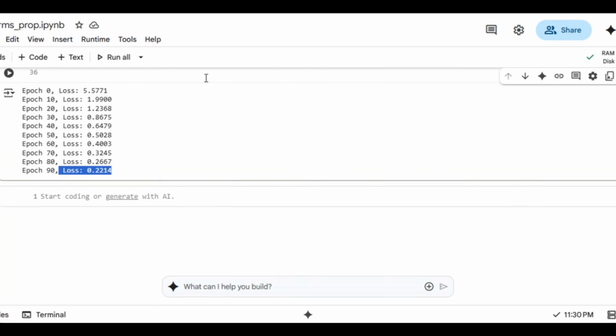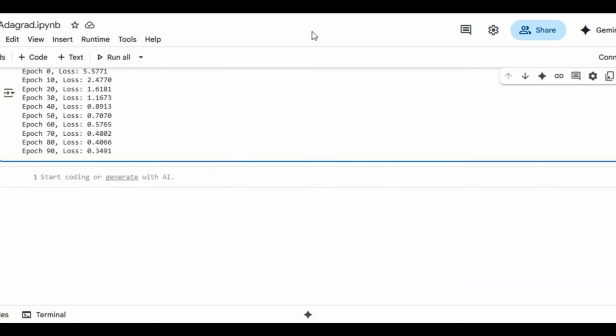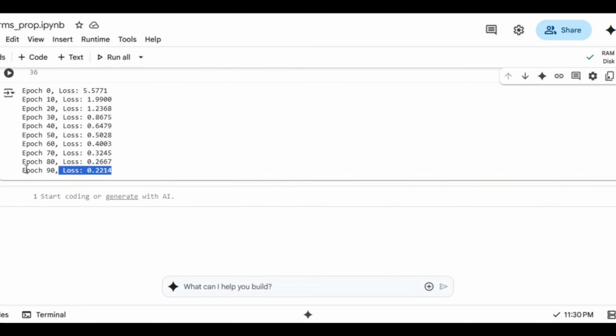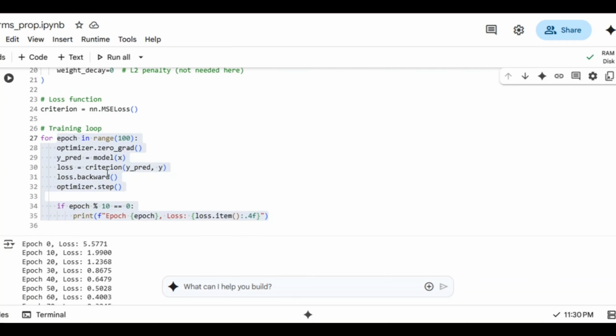Now the RMSProp optimizer has performed better than the AdaGrad optimizer. You can see the clear difference over here: at the 100th epoch for the same dataset I got a lower loss value. This is how RMSProp is performing better than the AdaGrad optimizer.